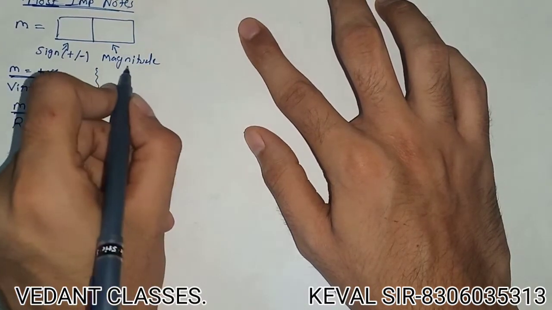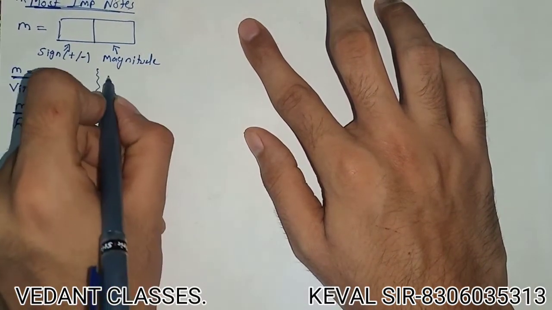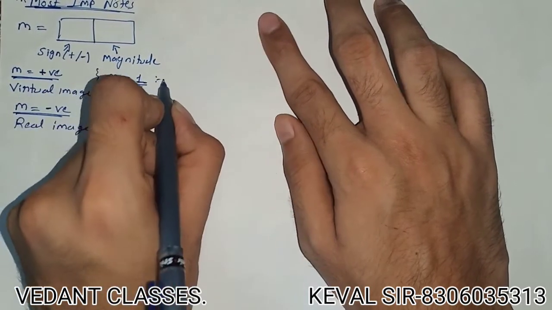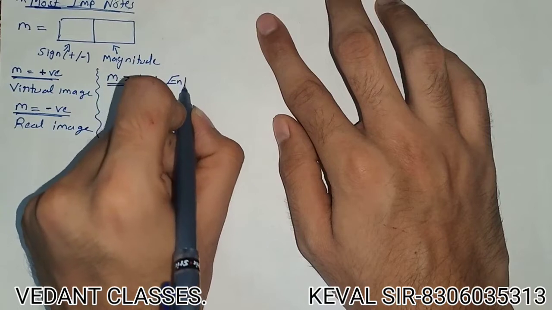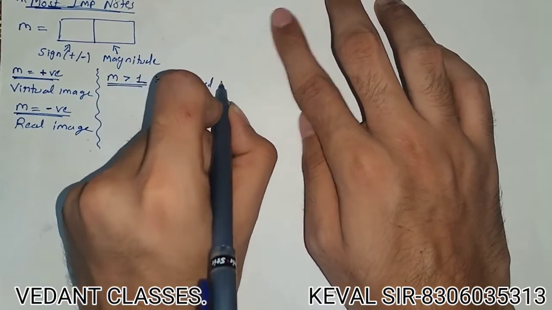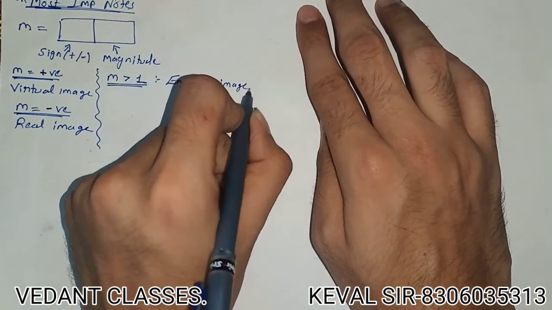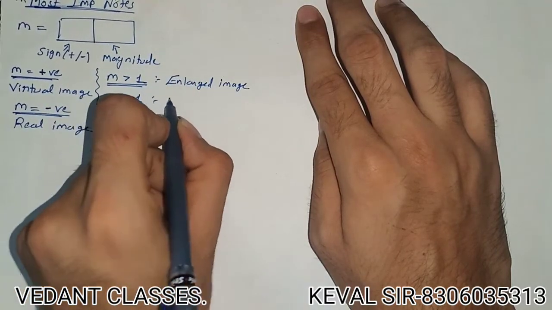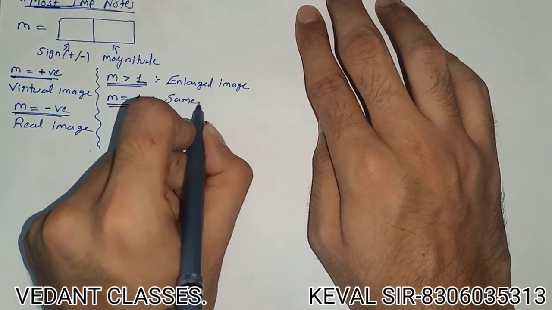Now let's talk about the magnitude. If the value of magnification is greater than 1, then it will form an enlarged image, a magnified image. If magnification is equal to 1, then it will form an image of the same size.